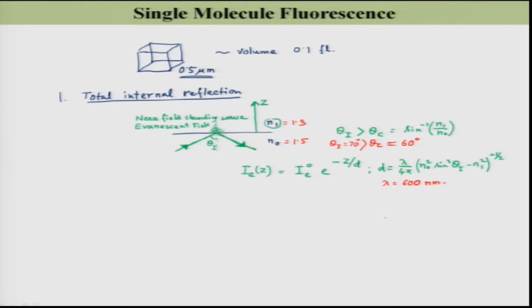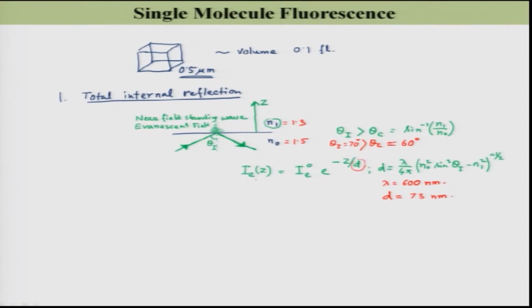So, if you plug in all these different values and calculate, you will get this value of d as 73 nanometer, right. So, this d is 73 nanometer, and d is over here.